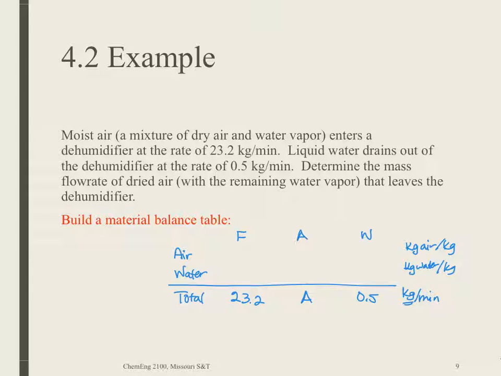Now I know that the water stream is 100% water and no air. I know that this stream has a mixture of the two and that they have to add up to 1, so I'll call it X and 1 minus X. And this one is going to be something different, Y and 1 minus Y.